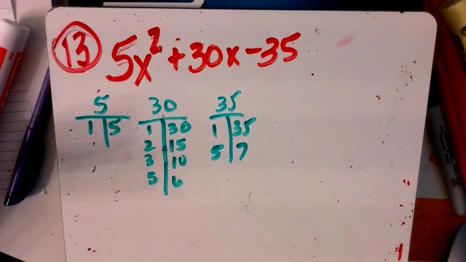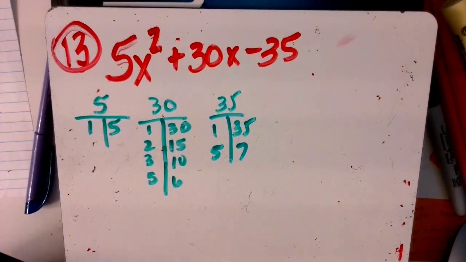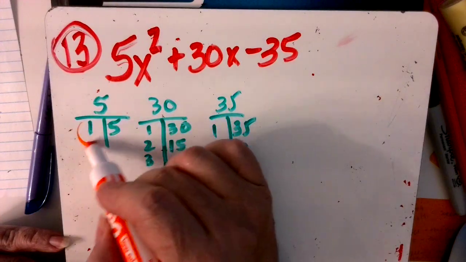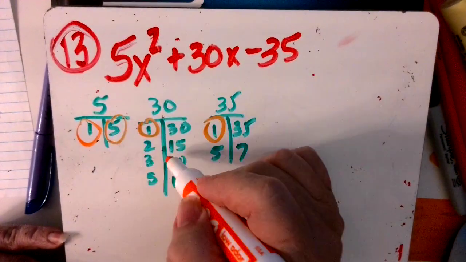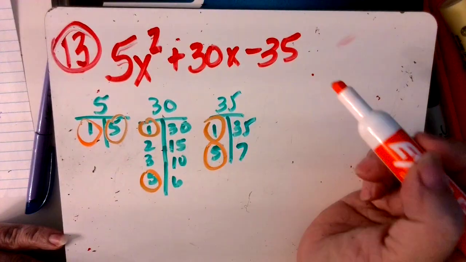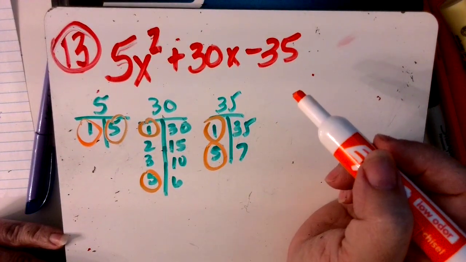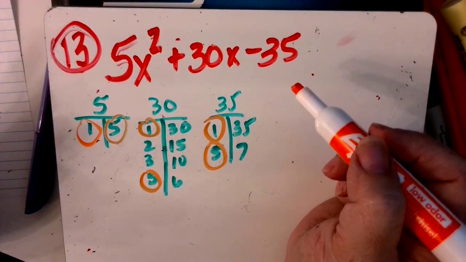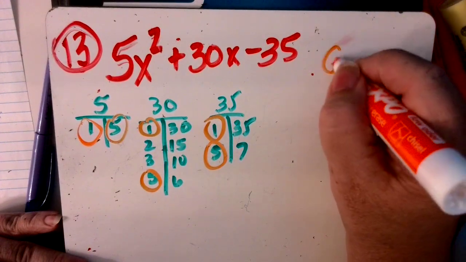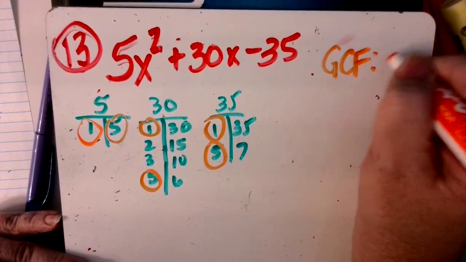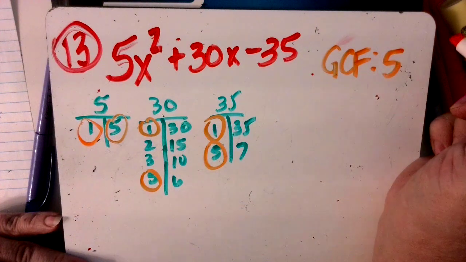So what factors do they all have in common? They all have a 1, and then all 3 of them have a 5. Which of those two numbers, 1 or 5, is the greatest? Well, that would be 5. So 5 is the greatest common factor.